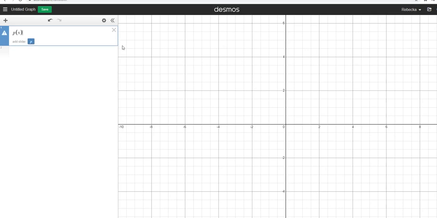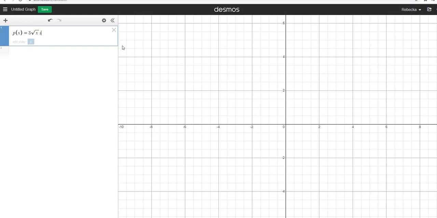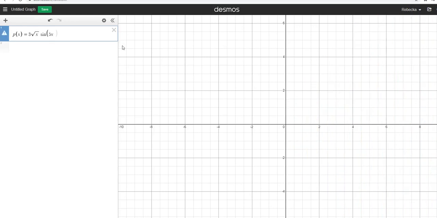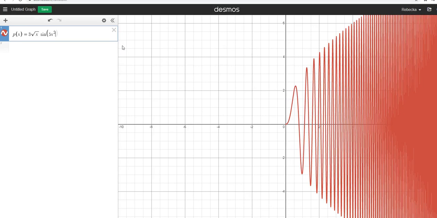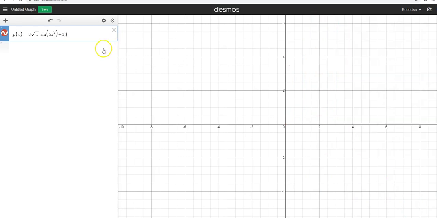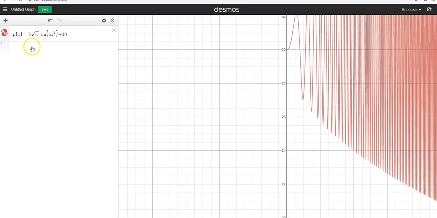So p of x equals 3 sqrt of x, right arrow out of the x, and then sine, parentheses, 5x squared, close parentheses, plus 30. It's way up here. Not that it matters, we're not going to use the graph.